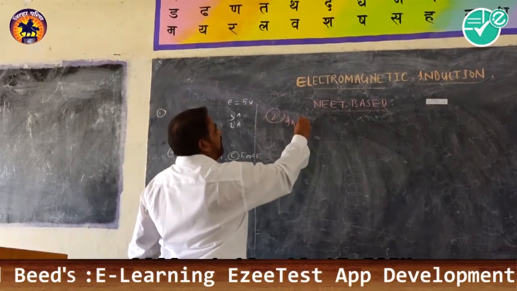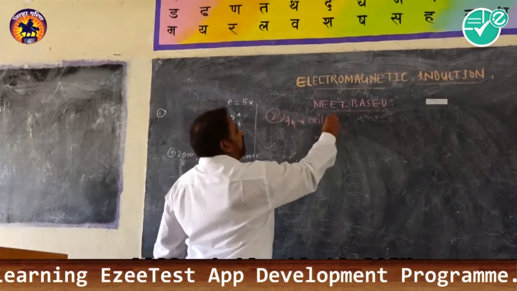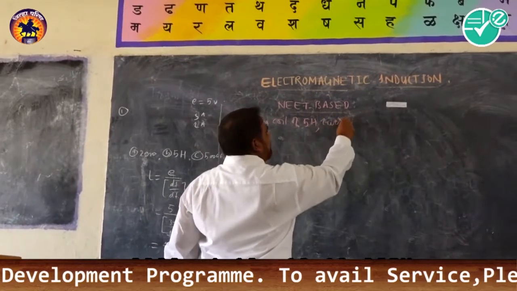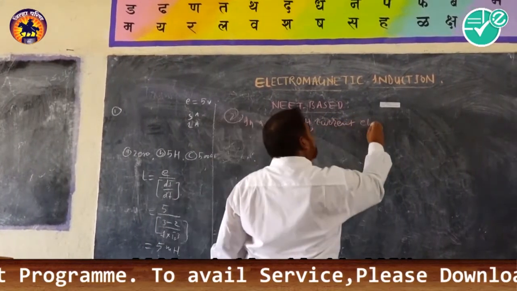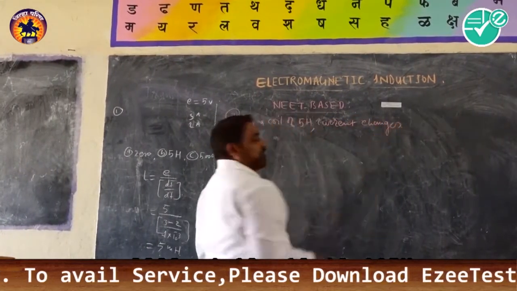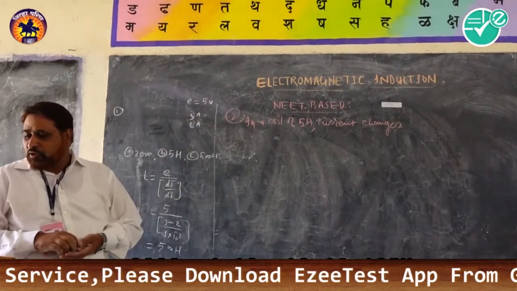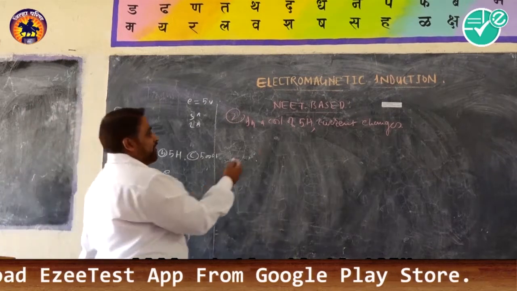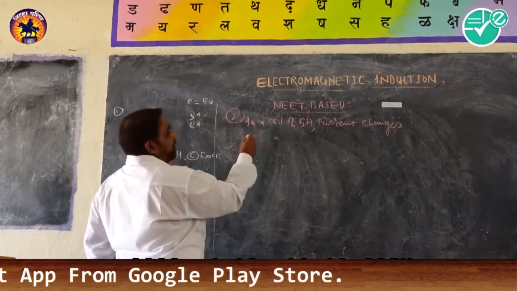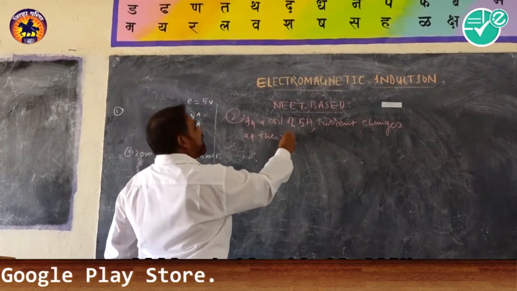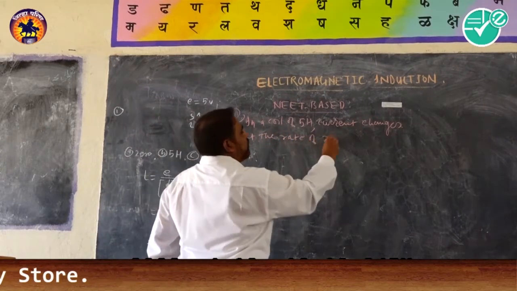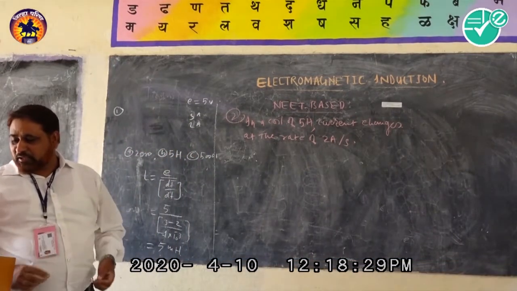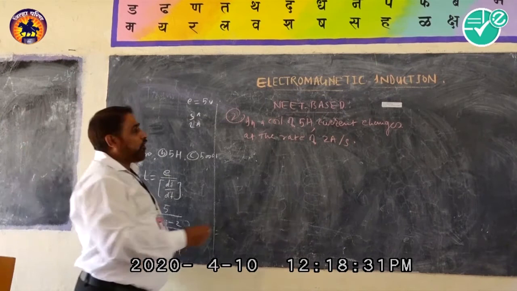In a coil of value 5 henry, the current changes at the rate of 2 ampere per second, then the EMF induced will be how much?